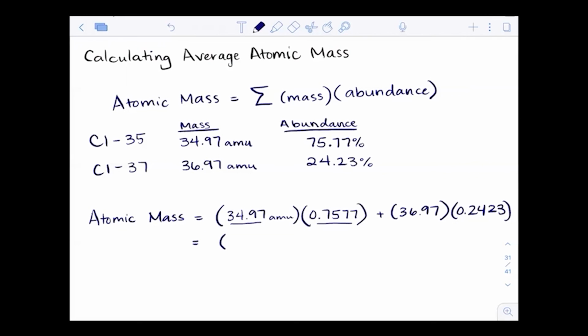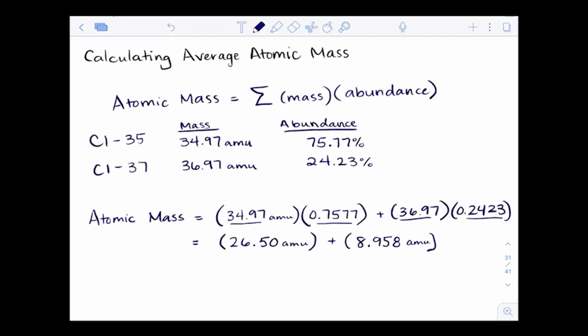So my answer here should be 4 sig figs. 26.50 AMU plus, again, 4 sig figs and 4 sig figs, 8.958 AMU.